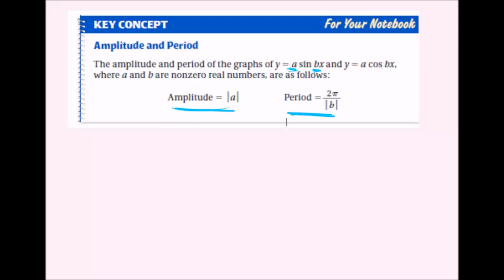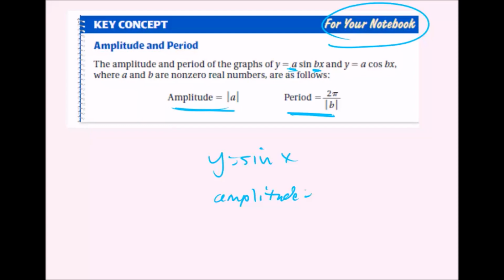So this part needs to go in your notebook. The amplitude is equal to the absolute value of a. So if you see y equals sine x, it doesn't have a number in front, so you can assume that number is 1. So actually, amplitude would be equal to the absolute value of 1, which is 1.